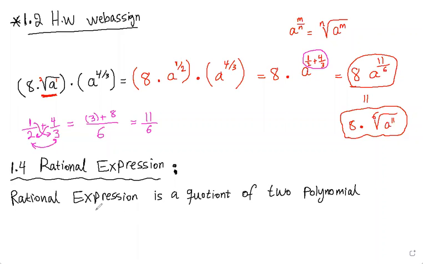I mean, a rational expression looks like a fraction: polynomial over polynomial.